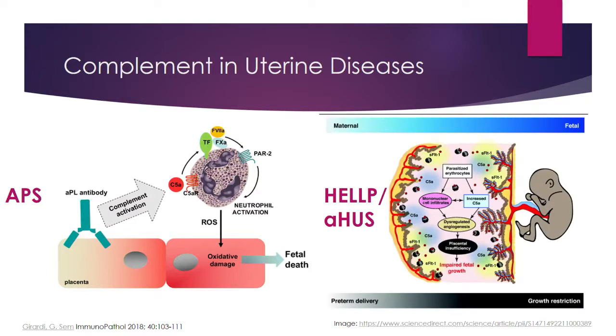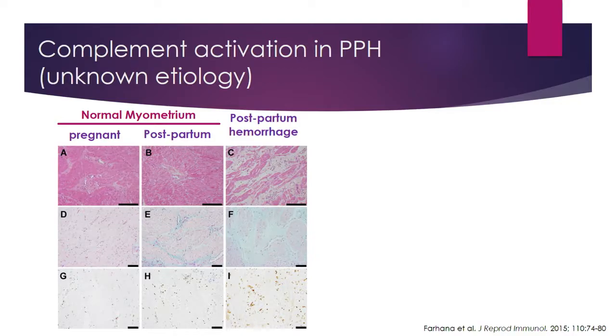And we know that is a truly pathologic condition. We are also increasingly seeing reports of how HELLP may be a complement-mediated disorder, and certainly atypical HUS. Both of these are triggered in pregnancy, and there's increased complement activation, which compromises the placenta and leads to growth restriction and or demise.